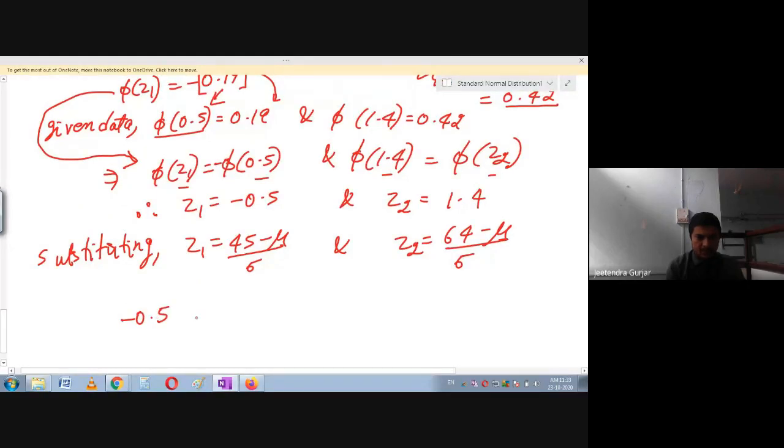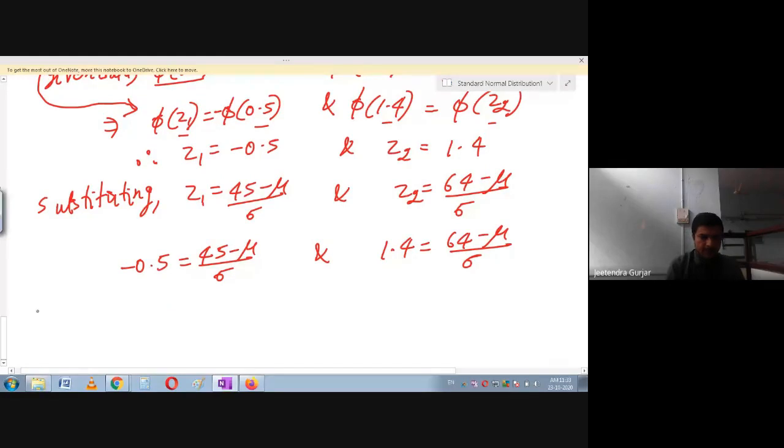It is minus 0.5 equal to 45 minus mu divided by sigma, and z2 is 1.4 equal to 64 minus mu divided by sigma. I wanted to calculate mu and sigma, so I'll multiply this.